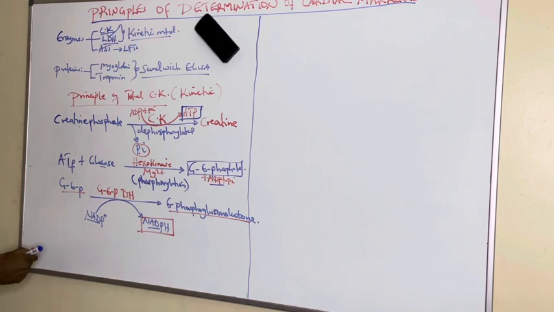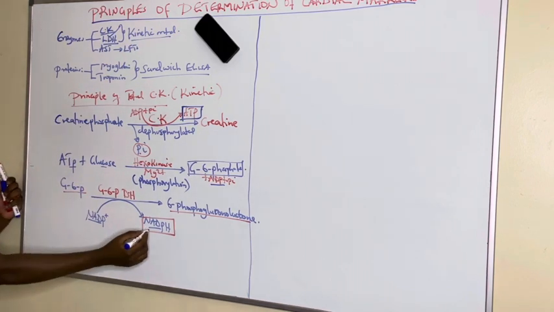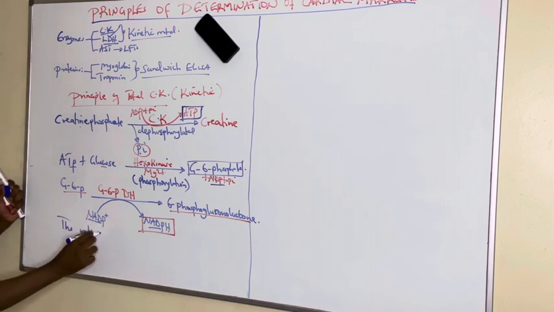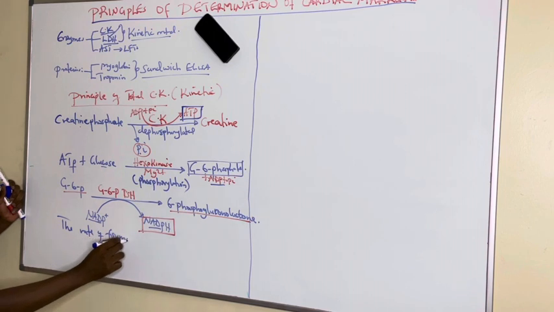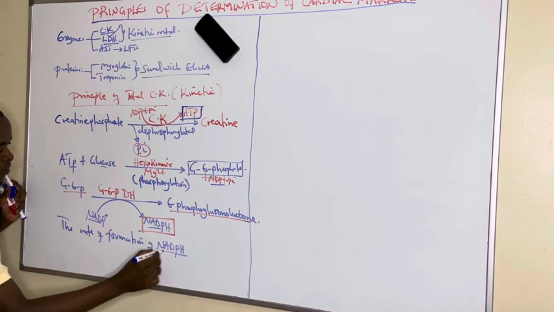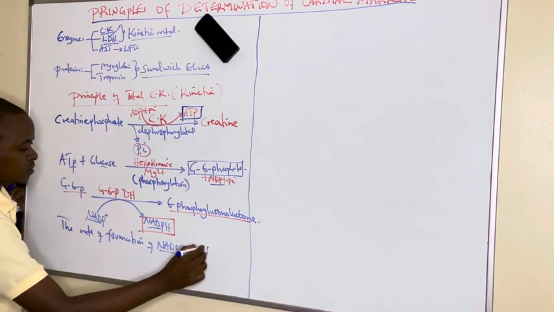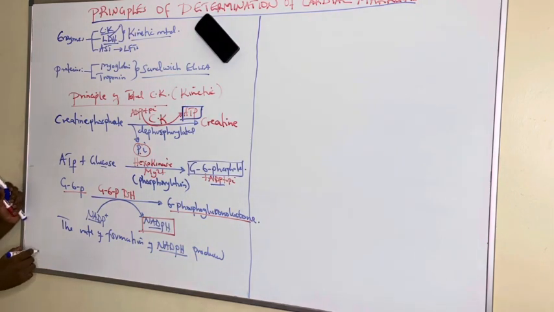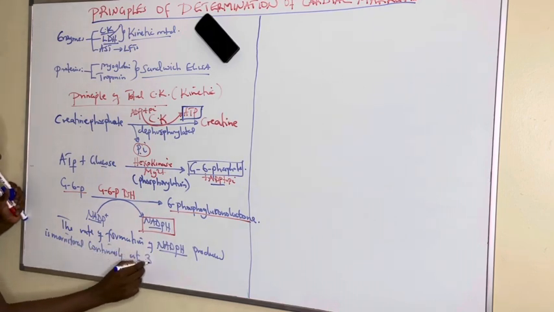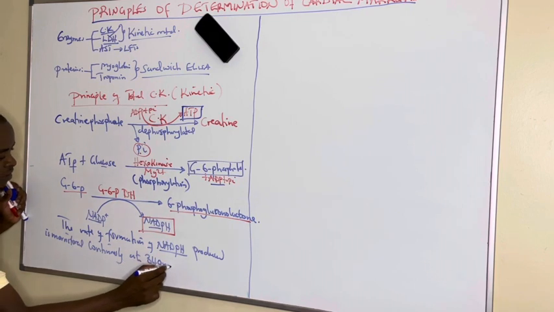We said it is a kinetic method, so when we produce NADPH, the rate of formation of NADPH produced is monitored continuously at 340 nanometer wavelength.